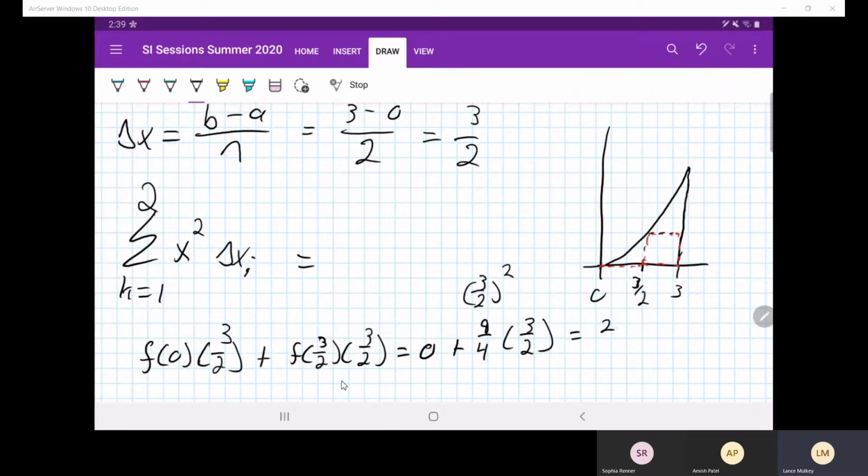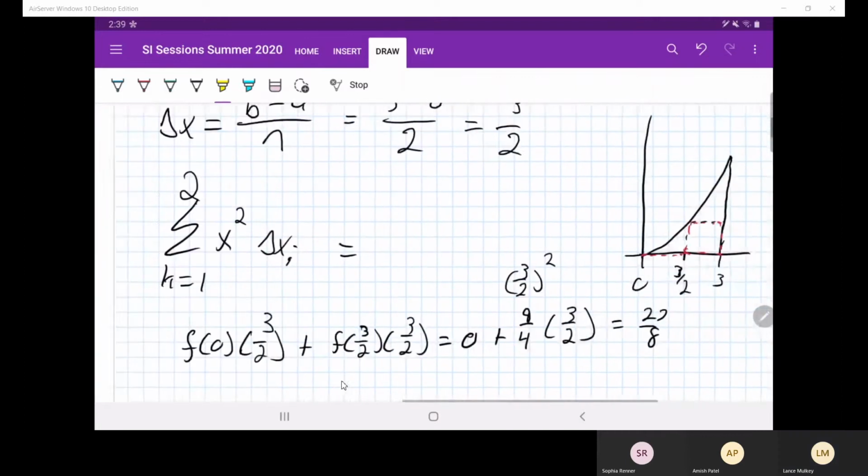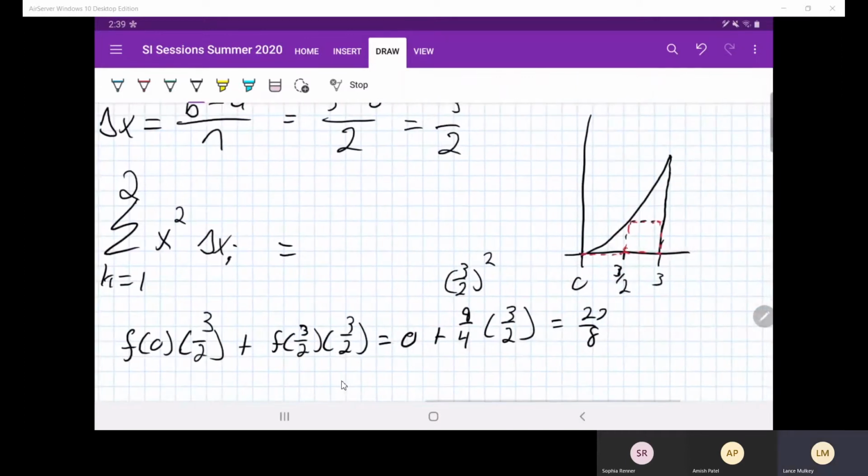So that equals 27/8. Let's see if that's the answer. And that gives you 3.375. I used a calculator for that just to be sure.